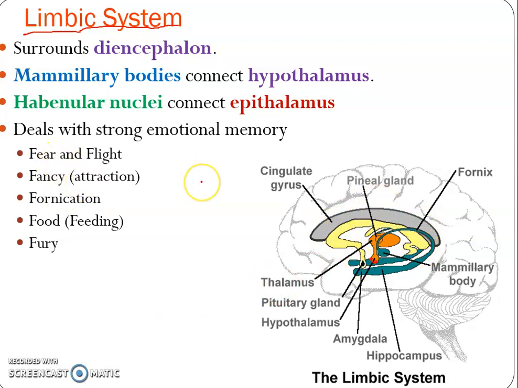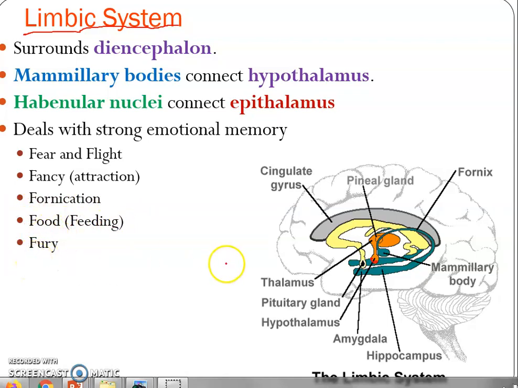And it deals with strong emotional memory. Fear and flight. Your fear of spiders and snakes. Fancy, which is attraction. Fornication, which if you do not know what that means, I will let you look it up. Food or feeding. And fury, what makes you angry.